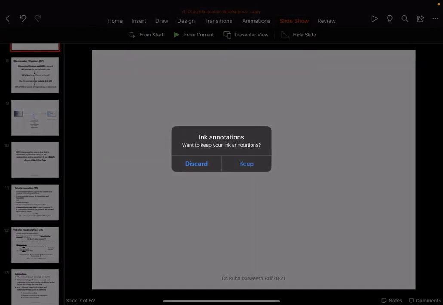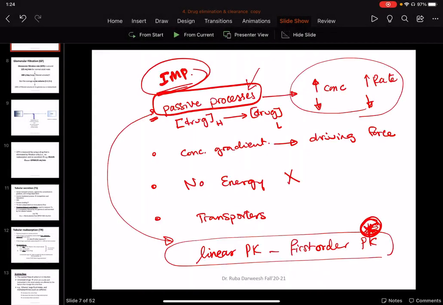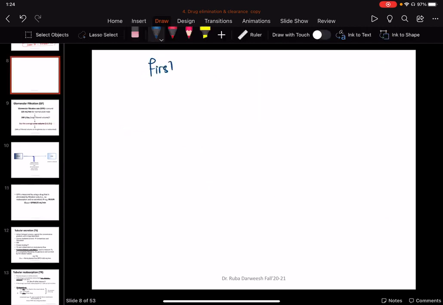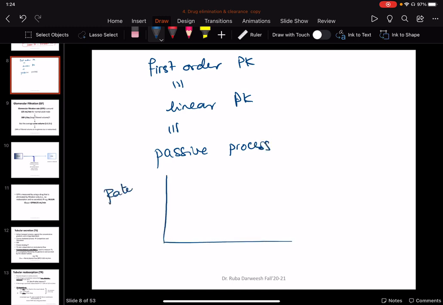Again, it means that when we are talking about first order kinetics, which is by default called linear kinetic, it's again a passive process by default, because when we are talking about whatever the rate of the process that we are studying versus concentration or amount of the drug, it will be linear, or proportionally directly related to each other.